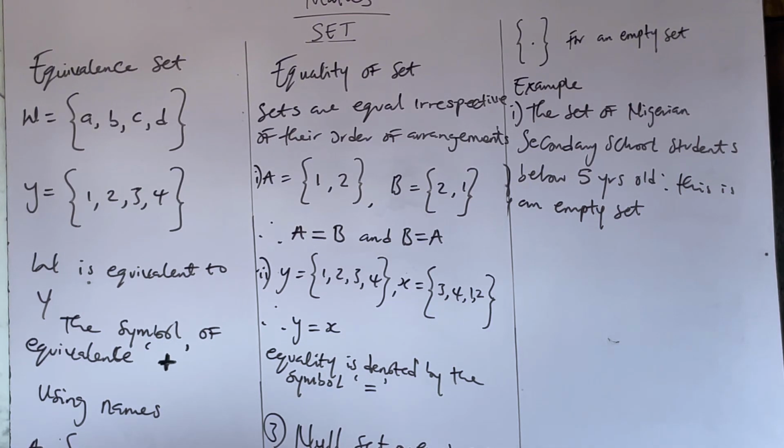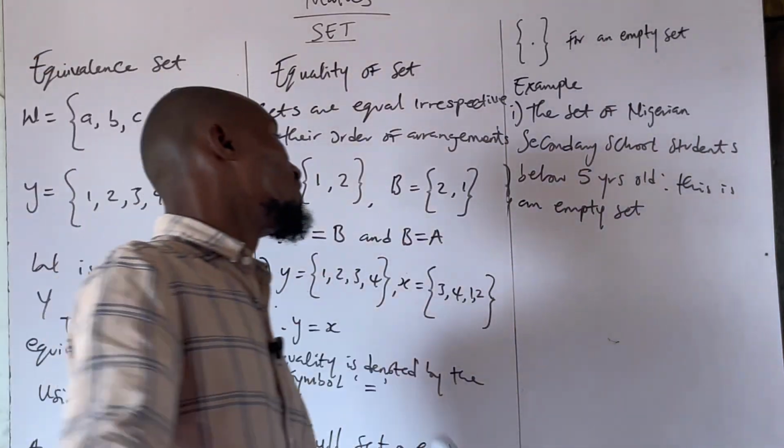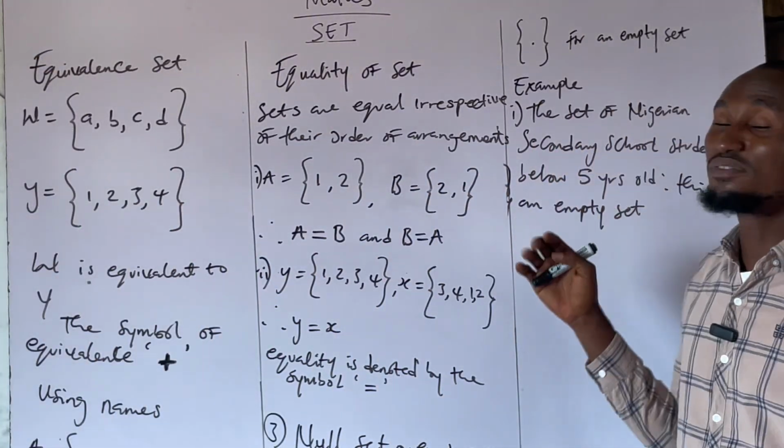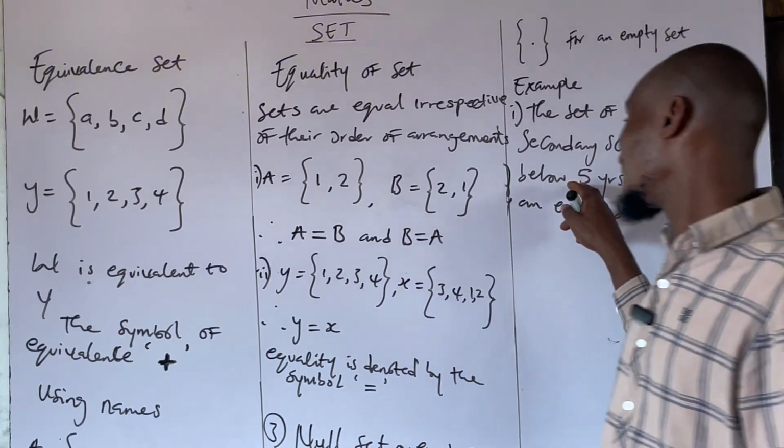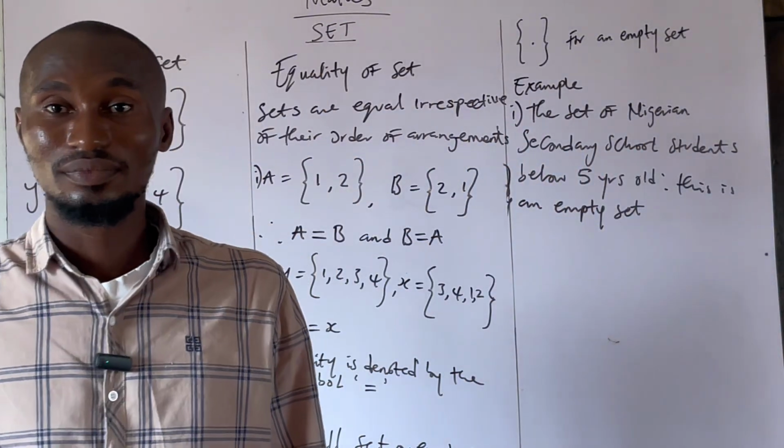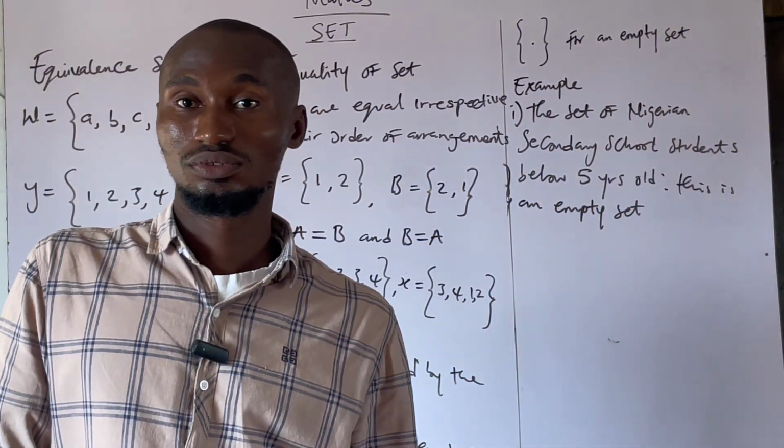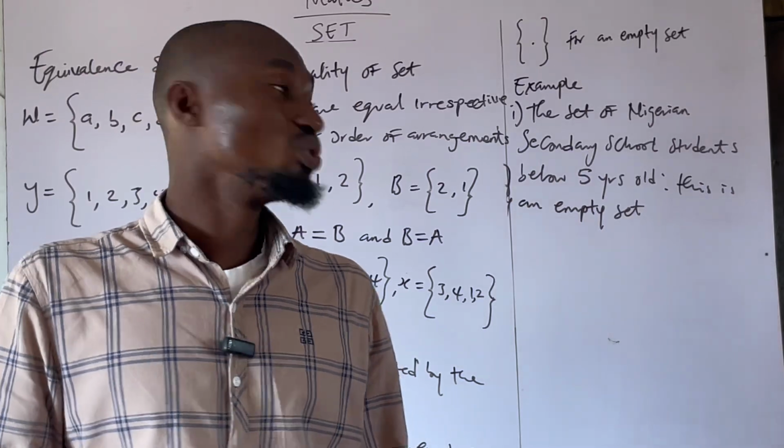Good. Because there's nobody that is below 5 years in secondary school. This person is not yet in primary school, not yet in primary two. Do you get? So it is an empty set.